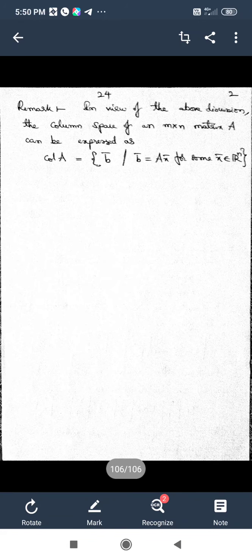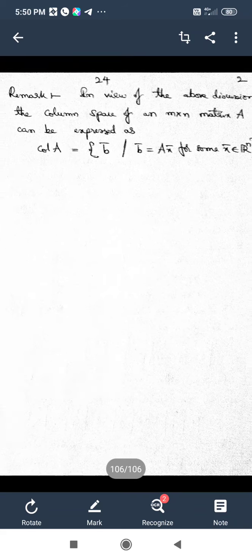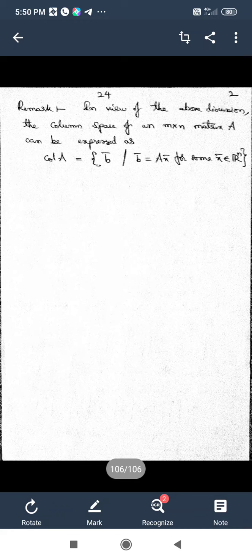In view of the above discussion, the column space of an m by n matrix A can now be defined as the set consisting of the vectors b bar.